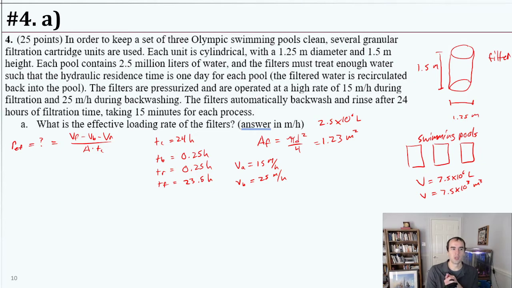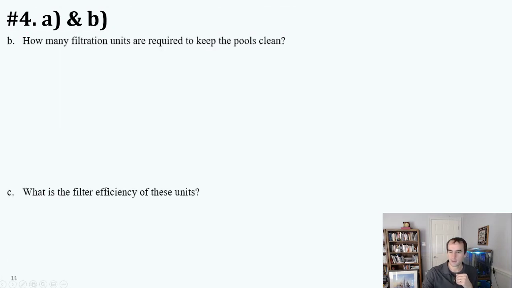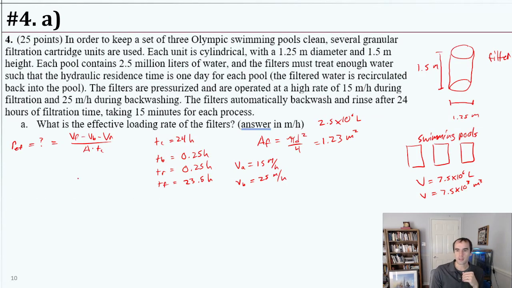Okay, so given that, we can then calculate our effective loading rate, because now we'll have the tools to find our volumes. So let's find our volumes real quick. This is VB, VR, and VF.